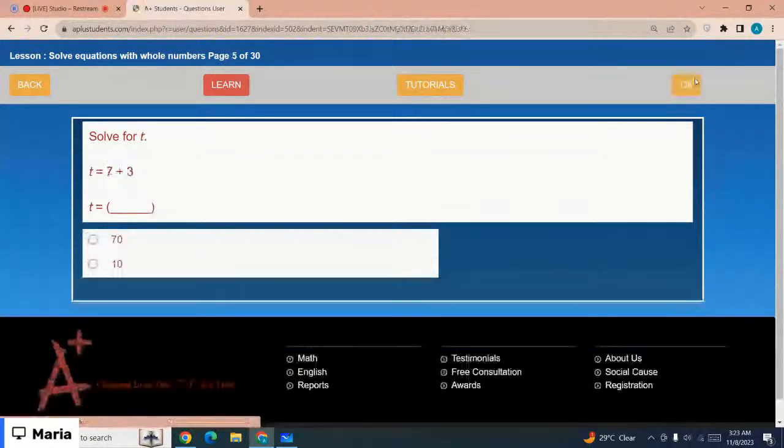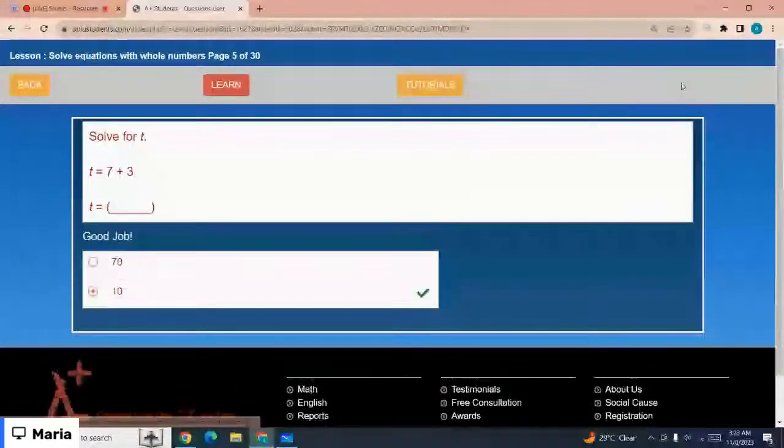Okay, the next one is solve for T. T equals 7 plus 3. So which is the correct option? T equals 7 plus 3. 7 plus 3 equals, the correct option is again 10. Okay, the next one is Z equals 2 plus 5.